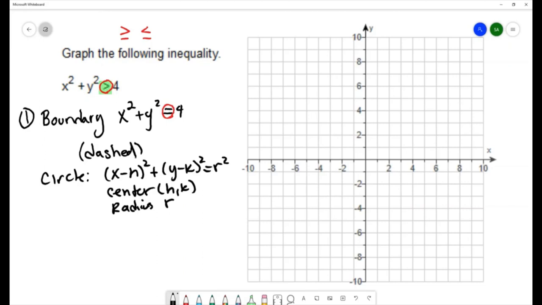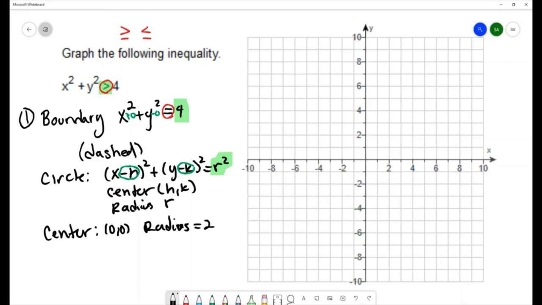Now I notice that I don't have anything added or subtracted for my example, so that means it's 0. So I have a circle with center (0, 0), and the radius squared is 4. That means that the radius must be 2, because 2 squared is 4.